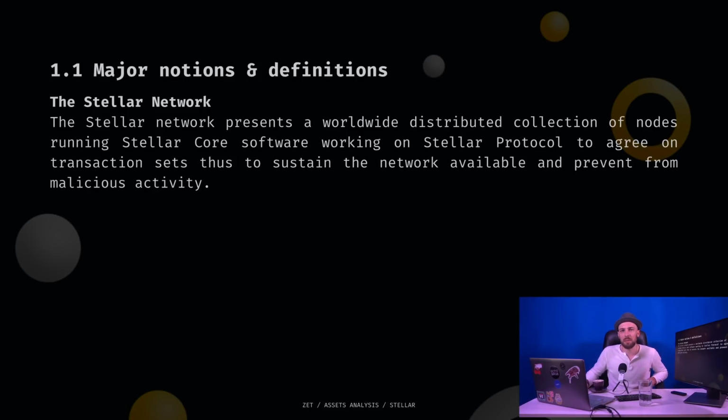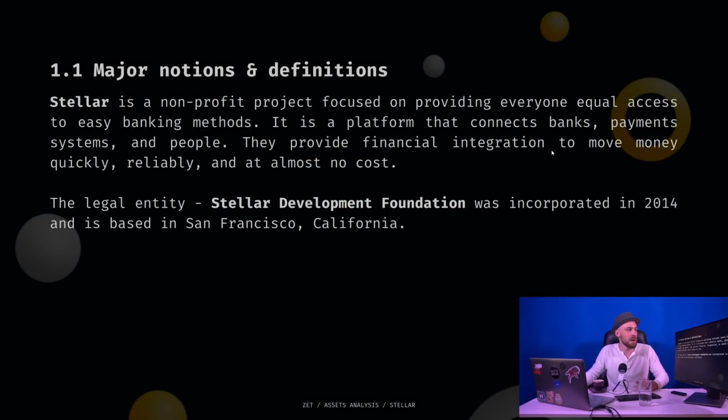We will review it a bit later. So the Stellar network is a network of computers running Stellar software to sustain its distributed essence, entity, let's say so.